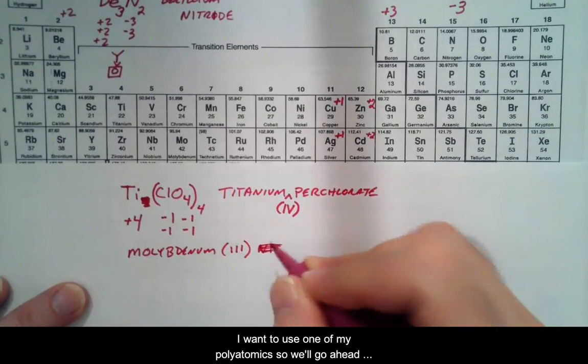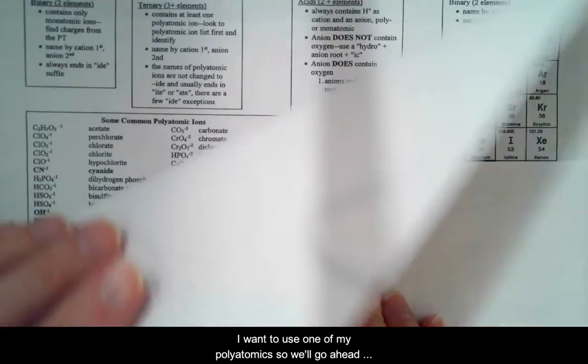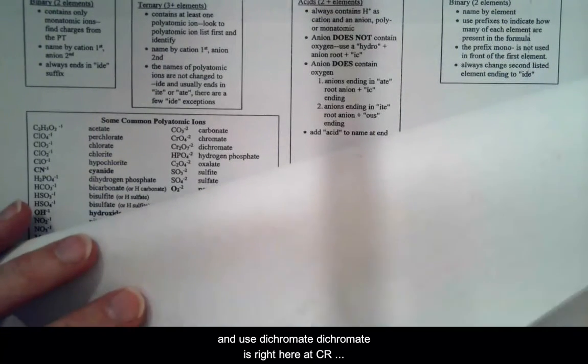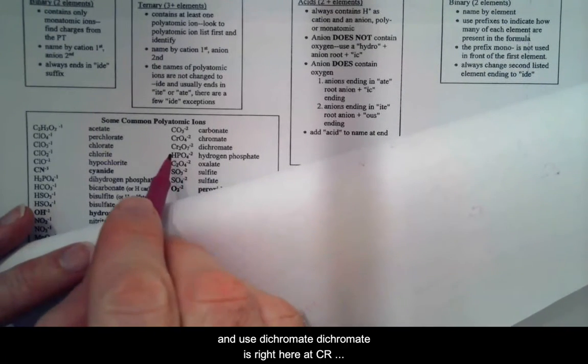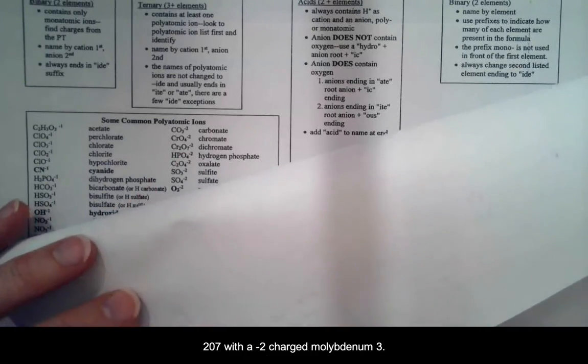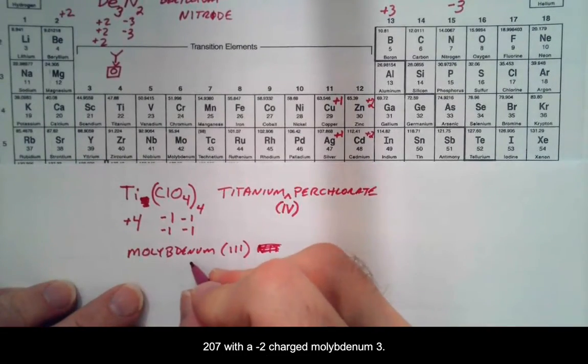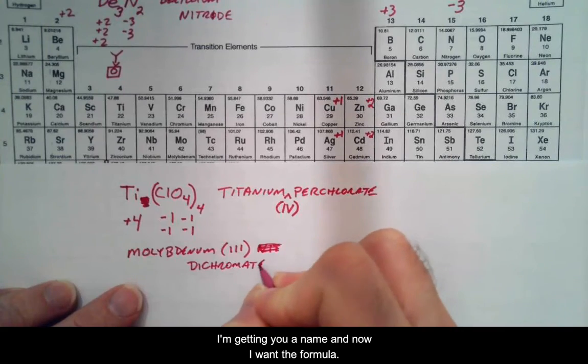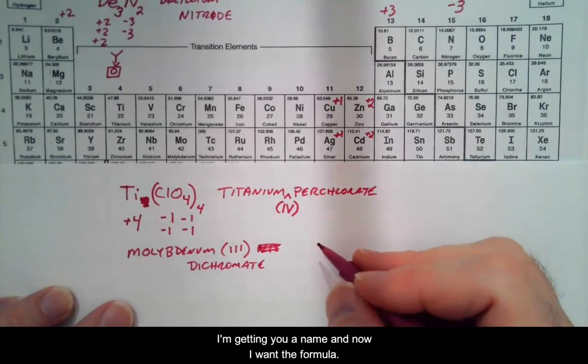And I want to use one of my polyatomics. So we'll go ahead and use dichromate. Dichromate is right here. It's Cr2O7 with a -2 charge. Molybdenum 3 dichromate. So I'm giving you a name, and now I want the formula.